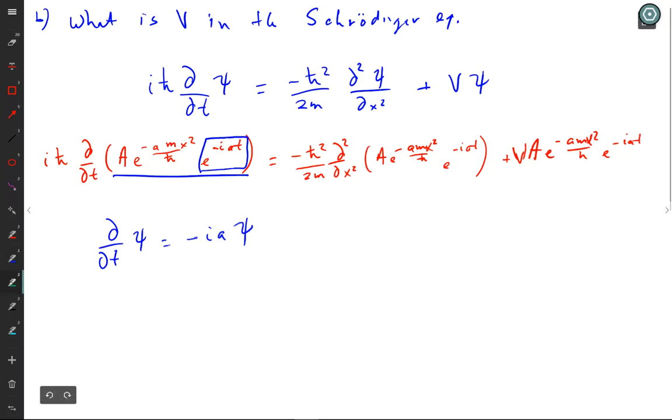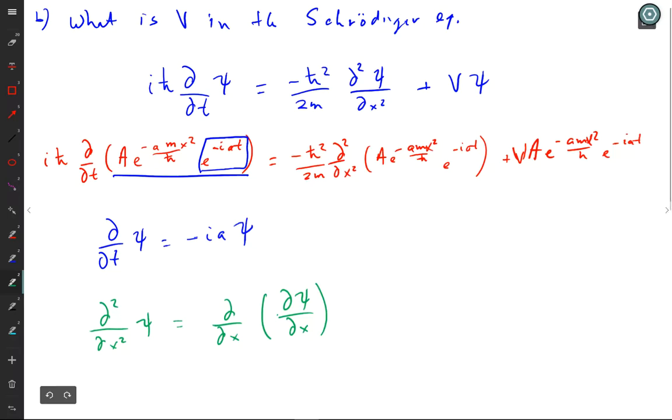Similarly, doing the position derivative, I can ignore the e to the iat, but it's much more complicated. So d second dx squared of psi is equal to d dx of d psi dx. I'm going to start with that.